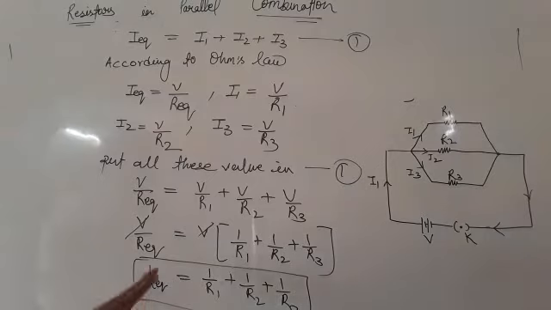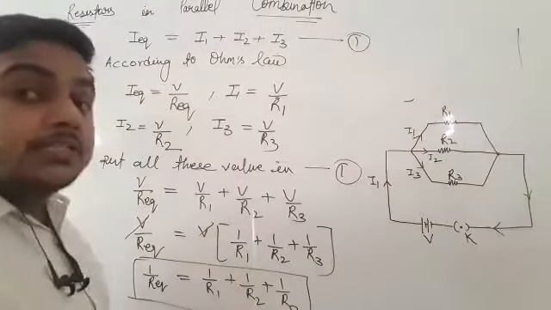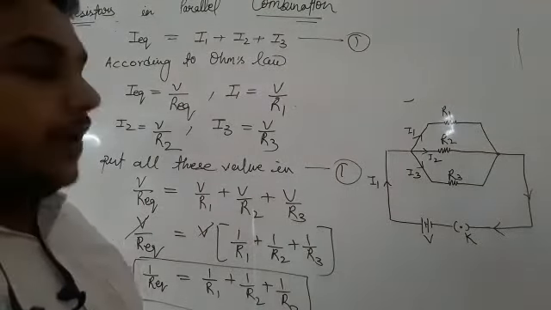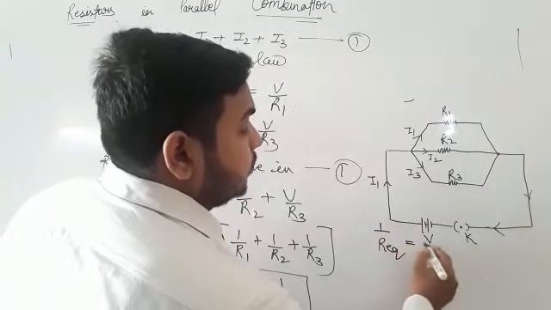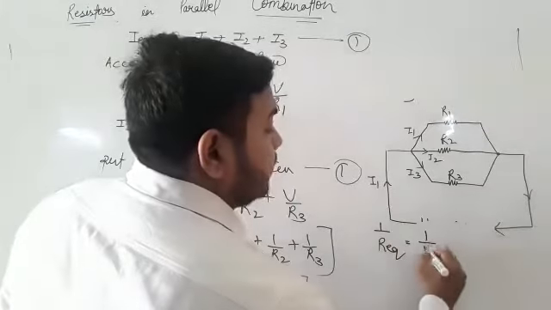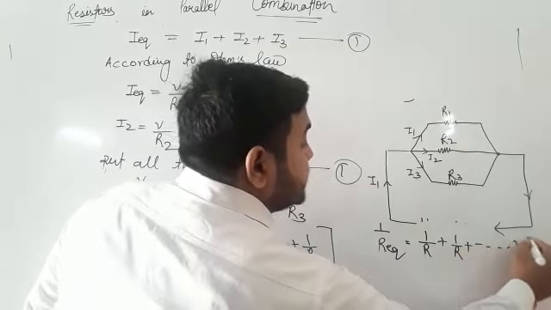Now students, if all the values of the resistors are equal, meaning there are n resistors connected and all have the same value R, then 1 upon R equivalent is equal to 1 upon R plus 1 upon R plus so on, n times.